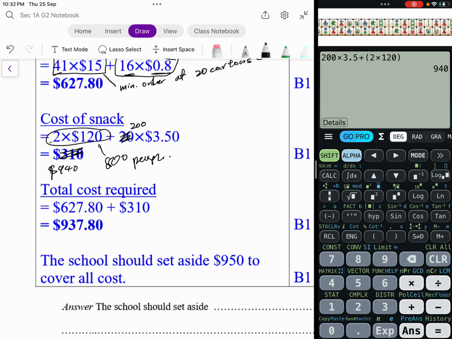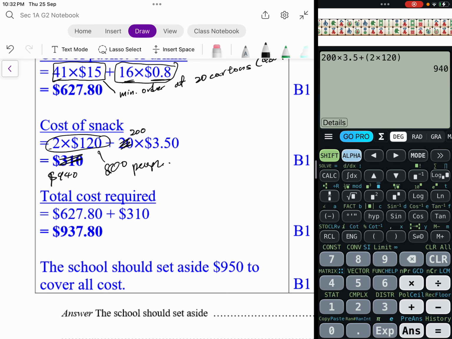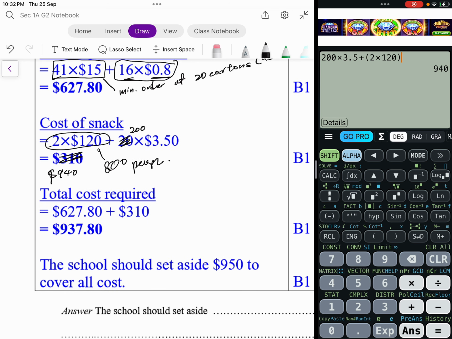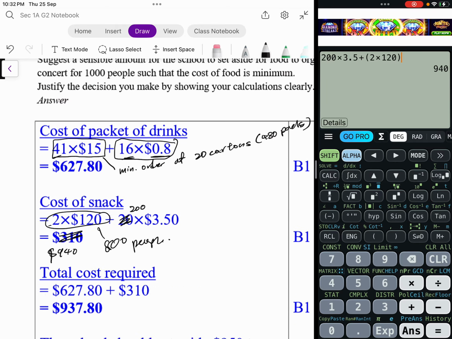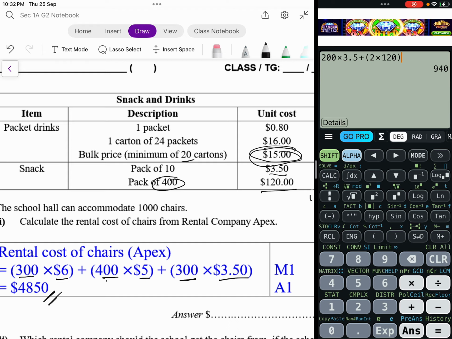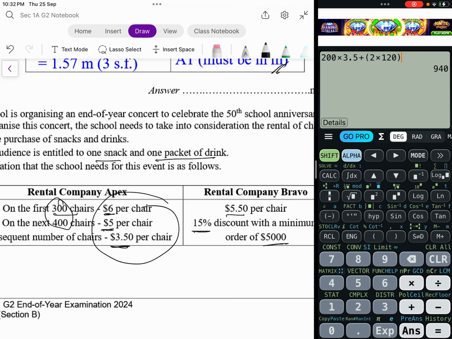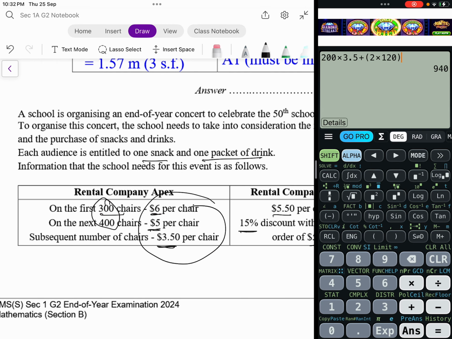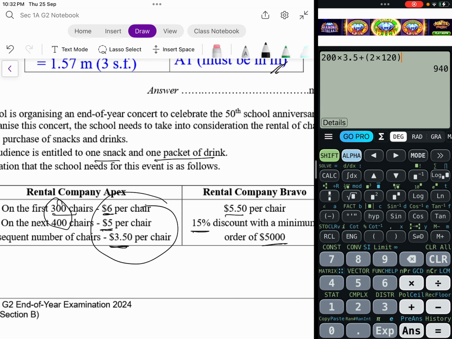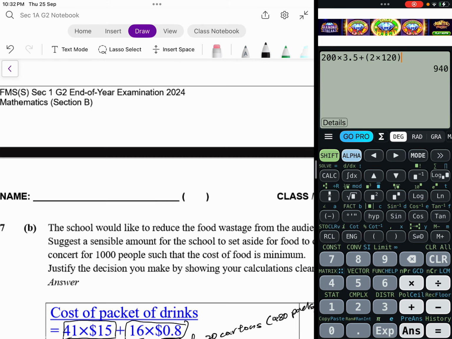Okay, so let me see if I got this correct. This one is 2 times 120, and we need another 200 snacks. Correct. So let me see why they put 20. Unless this number is wrong. Yeah, one snack, one packet of drink, so by right, it should be 200.